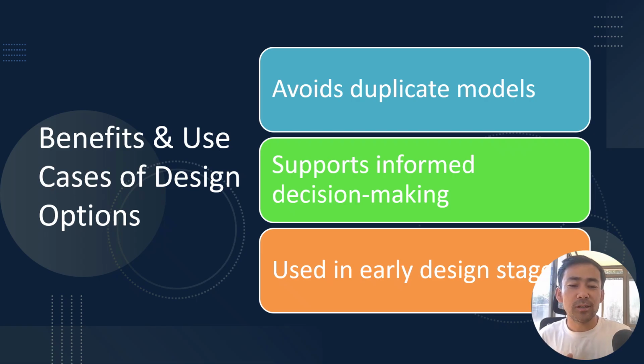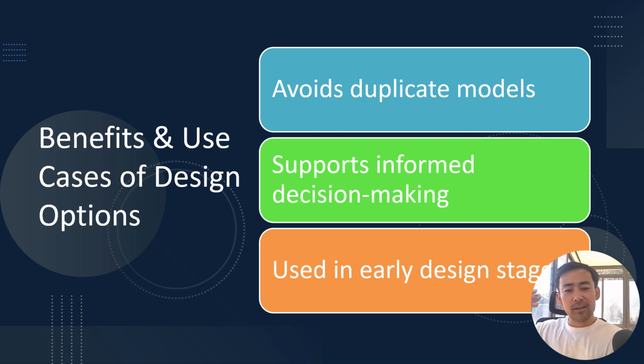It supports informed decision making. Of course, we talk about each alternative, each design option, with our stakeholders and with the clients, and then decide which design option should be the primary, the secondary, and the tertiary.